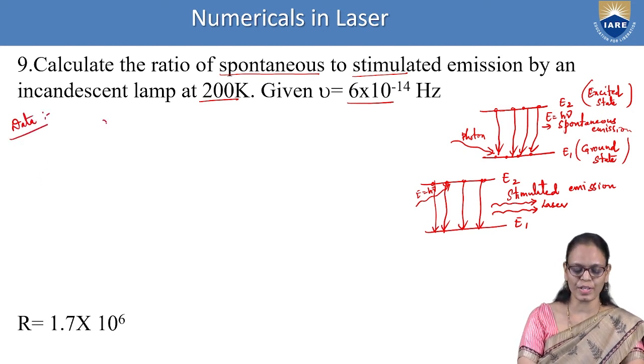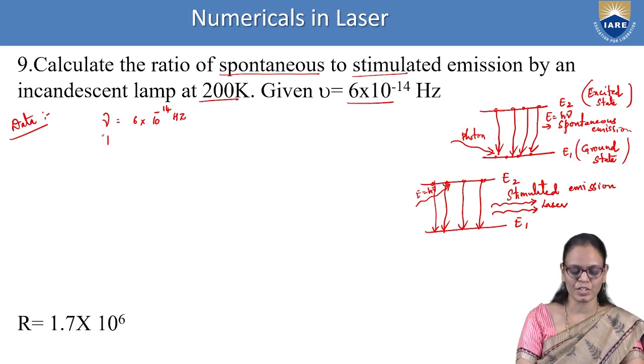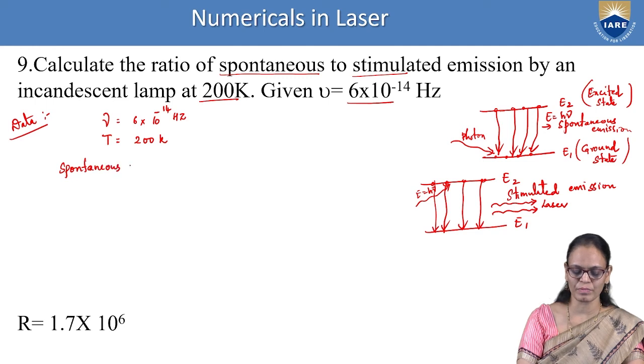So data: nu is equal to 6 into 10 power minus 14 Hertz. Temperature is 200 Kelvin. We have to find the ratio of spontaneous emission to stimulated emission.